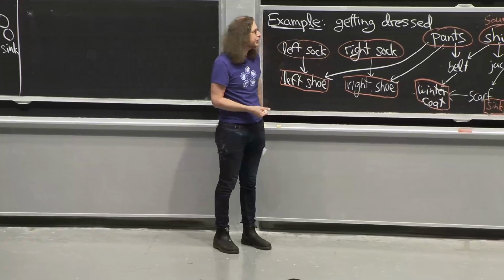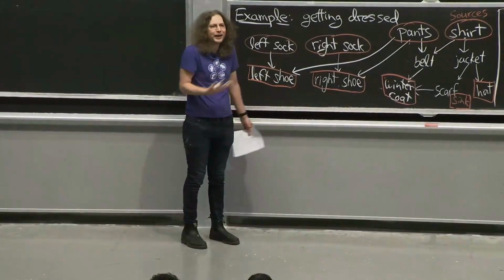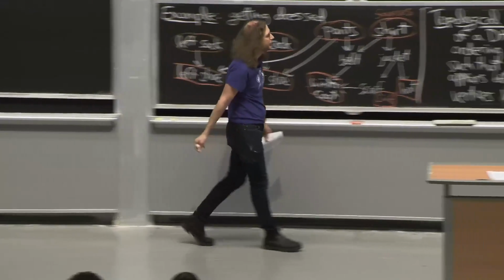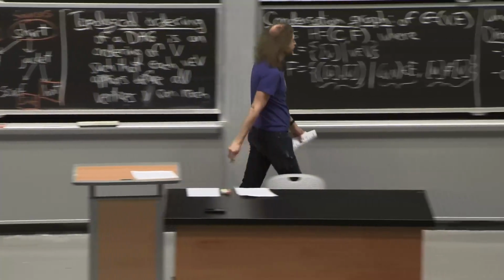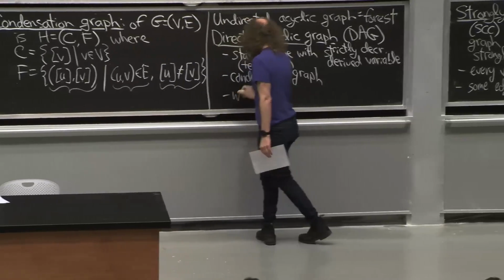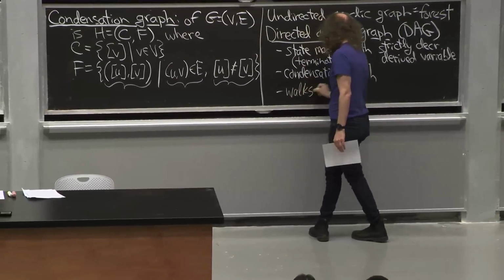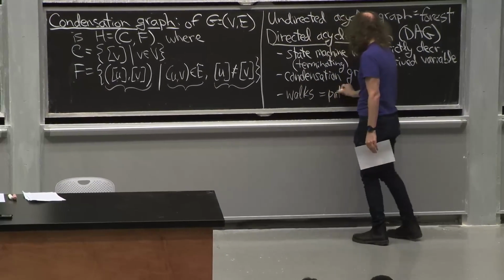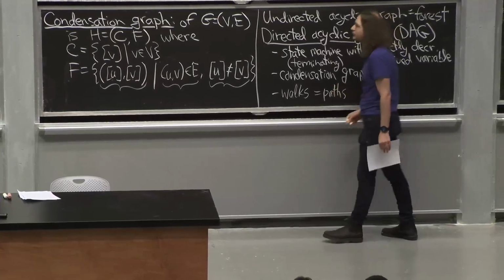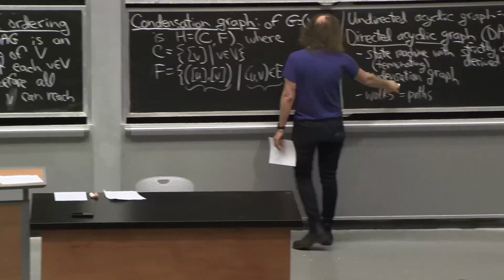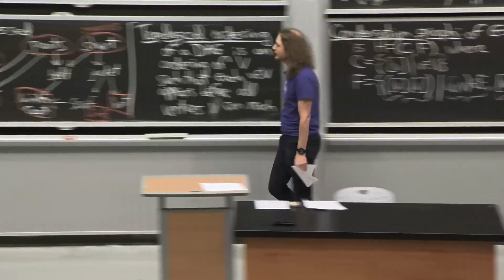Do you ever repeat a vertex? But if there's no cycles, you can't. So for DAGs, walks equal paths, which is nice. So for the rest of today, I don't have to remember which is which, but I'll try to be a little bit careful if I need something.